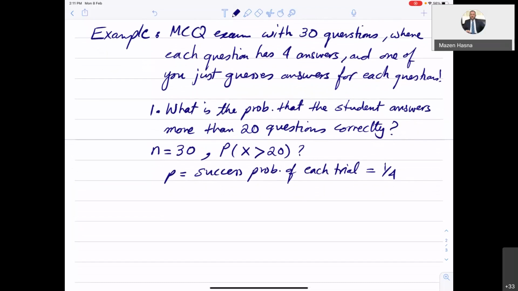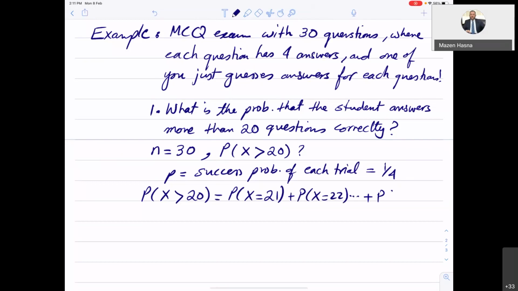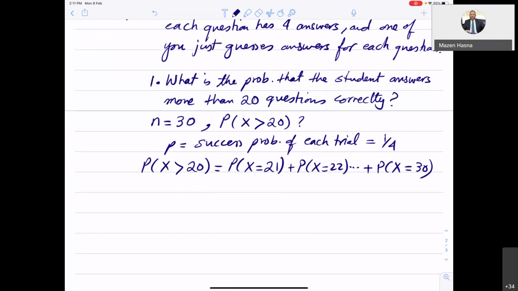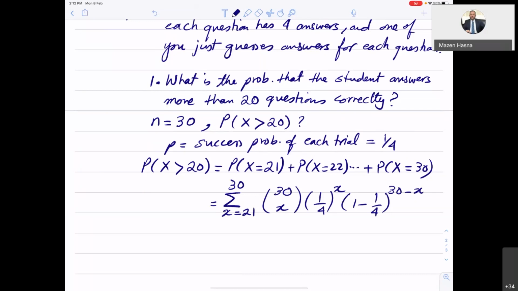So here we want the probability of x greater than 20, which is the probability of x equals 21 plus the probability of x equals 22, all the way to the probability of x equals 30. And you can write this as the sum from x equals 21 to 30 of 30 choose x, p, which is 1/4 to the power x, and 1 minus 1/4 to the power 30 minus x.